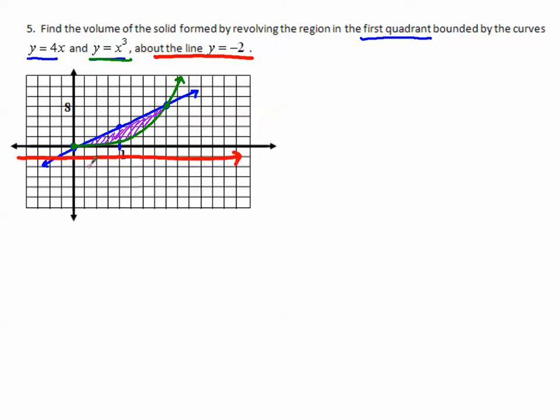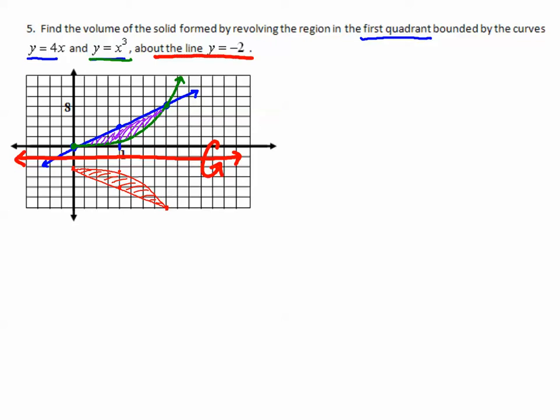So let's graph that horizontal line, y equals -2, and show that we will be revolving around that line. Let's do a reflection over that line. So 1, 2, 3 units above the line, 1, 2, 3 units below, 5 above, 1, 2, 3, 4, 5 below. So we've got that, and we've got that. Again, I'm just doing a light reflection.